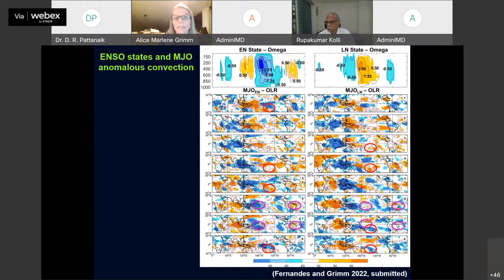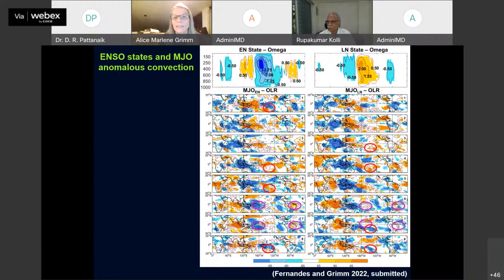As a consequence, this anomalous subsidence over Northeast South America, which happens in phases 4, 5, and 6 of the MJO, is enhanced because of this enhancement of convection in the Central Pacific.